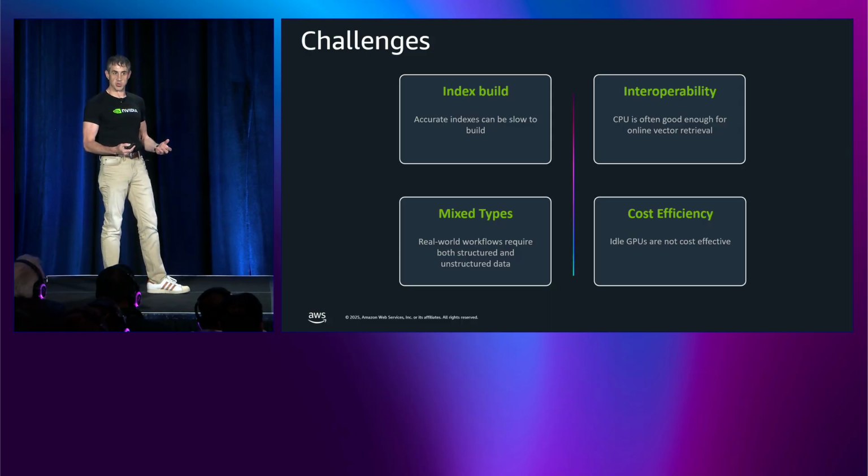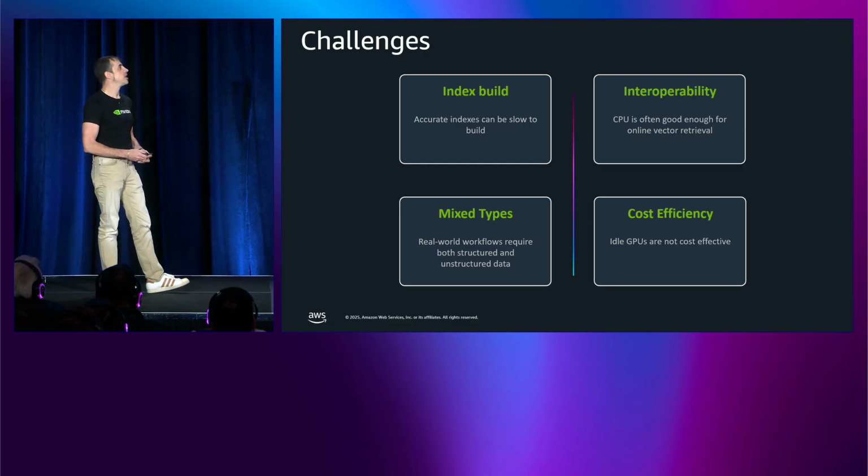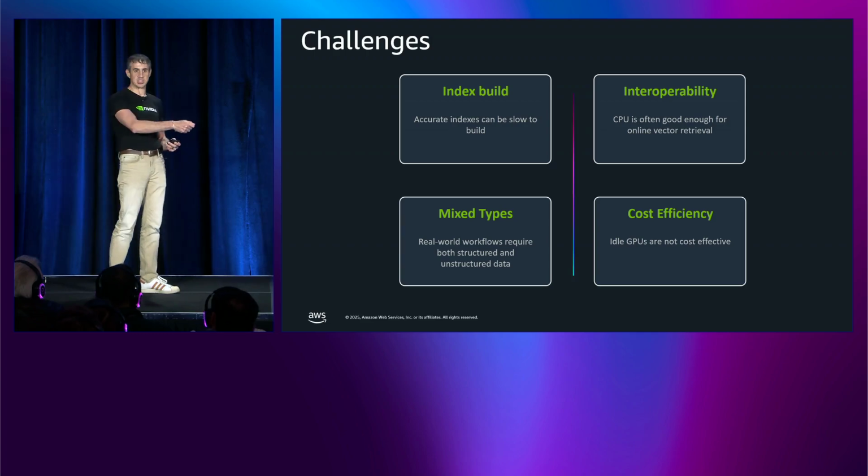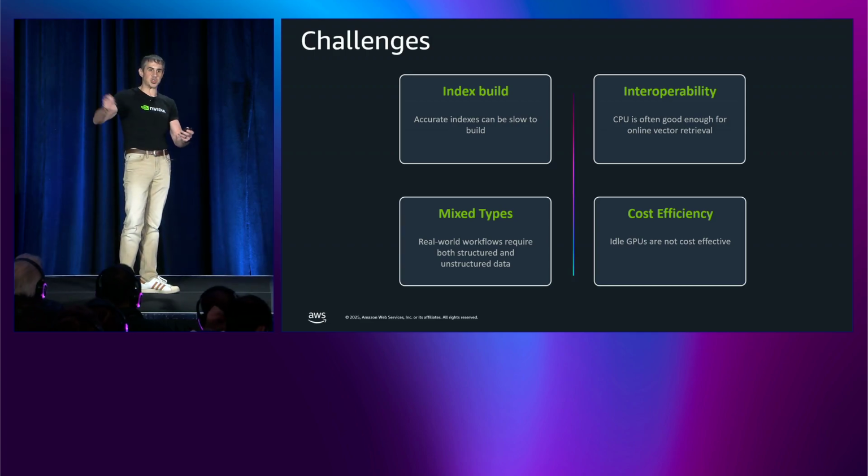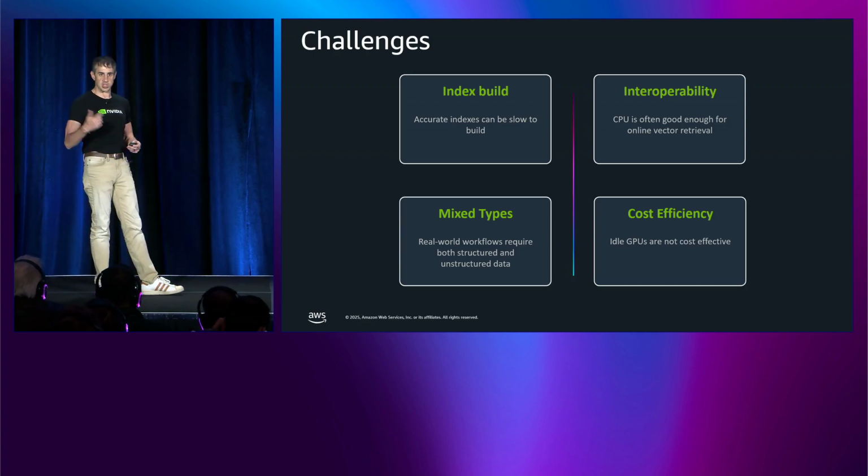Interoperability is a big deal too. Something a lot of folks don't realize is that in agentic AI and RAG workloads, most of the time, at least at the present moment with our current technology, the actual vector search lookup is not often the bottleneck. When you have an LLM in the mix, and you might be reaching out to a remote service to do inference with that LLM, or even if the LLM is local and it takes several hundred milliseconds, that's usually orders of magnitude longer than the vector search.